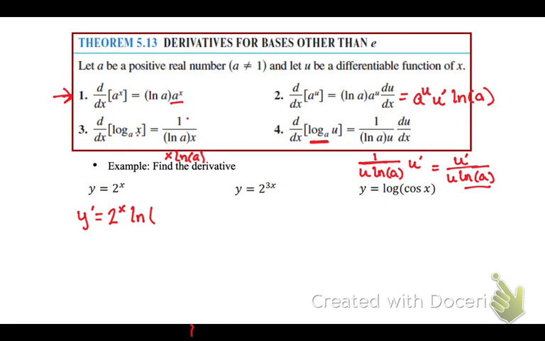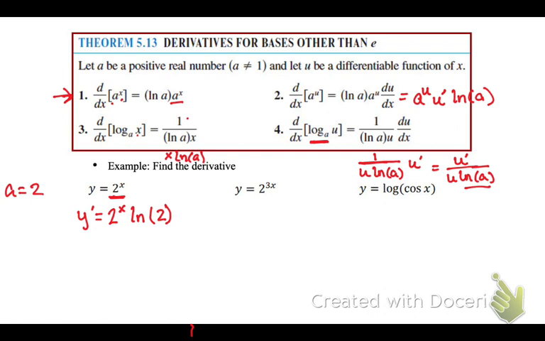The rule's a to the x. So what's a? Isn't a 2? Look at it, guys. Of 2 to the x. So a equals 2. So 2 to the x times natural log of 2.